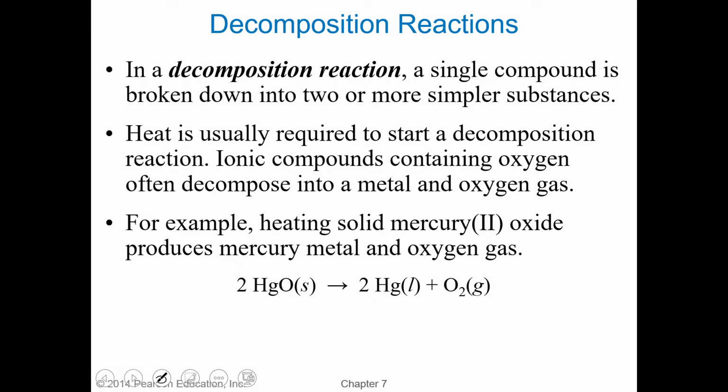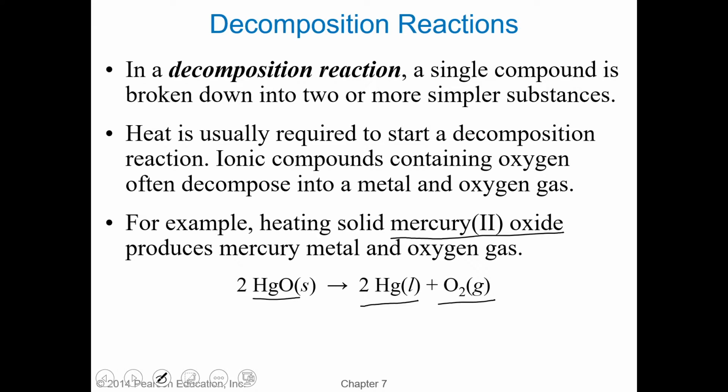The decomposition reaction is just like what it sounds. Something that was a compound will decompose into its individual elements. So for example here, you have to be told mercury 2 oxide. Here we go, mercury 2 oxide, and it decomposes into mercury and oxygen gas.